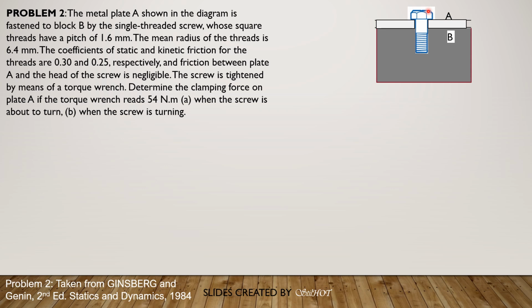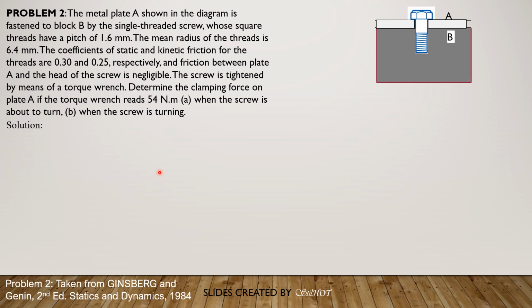So C sub O is equal to, remember the formula derived, W, the clamping force, times r, the mean radius, times the tangent of the quantity angle of friction phi sub s, plus or minus the lead angle theta. The angle of friction phi sub s is used when we have impending motion, and we use phi sub k when the screw is turning, keeps on turning.